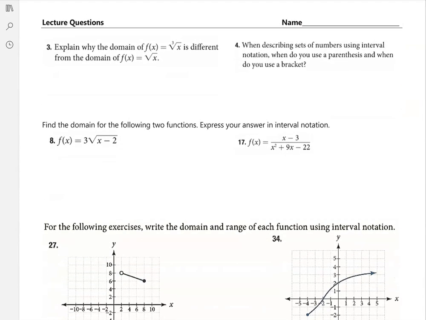Next, let's have some lecture questions. 3. Explain why the domain of f of x equals cube root of x is different from the domain of f of x equals square root of x. So what have you noticed about the two? This is an odd root, cube root. You see the 3.